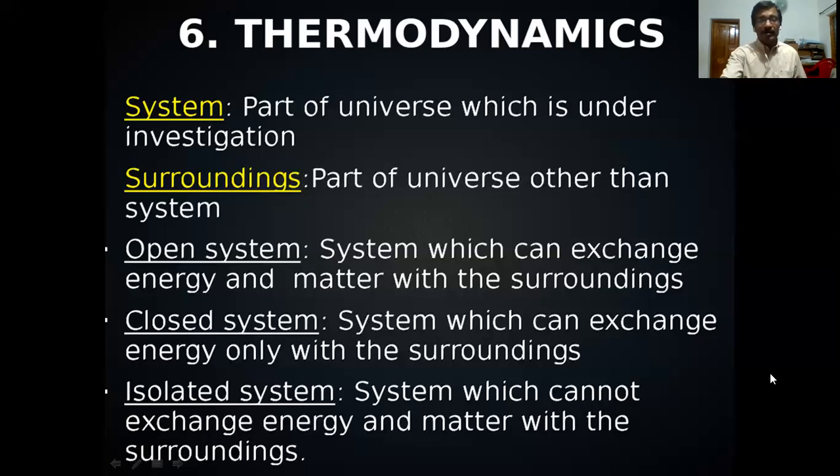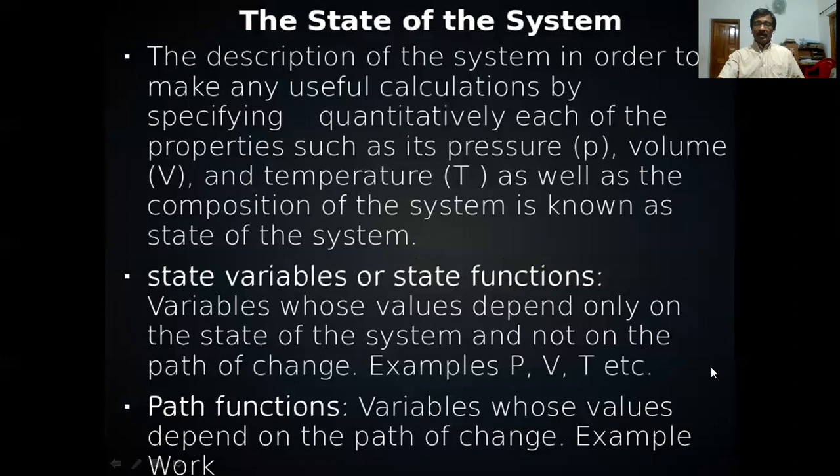Okay, now state of a system. What is meant by state of a system? If we want to understand a system, we have to mention certain things. What is its temperature? What is its pressure? What is its volume? Such certain things are required to understand the state of a system.